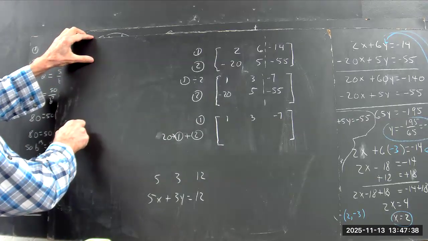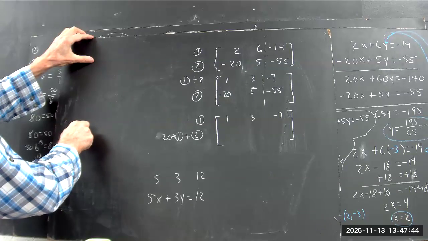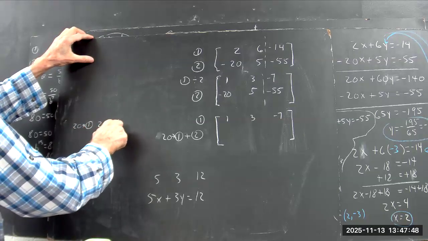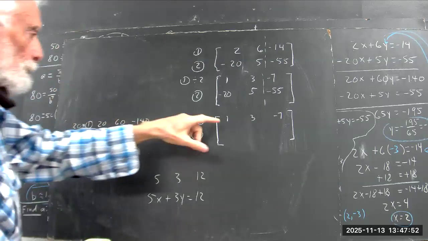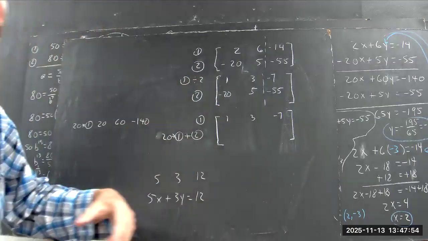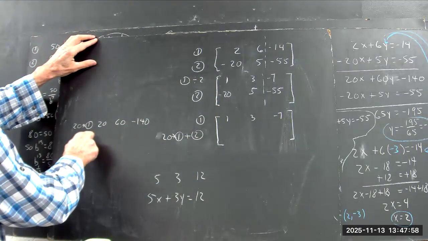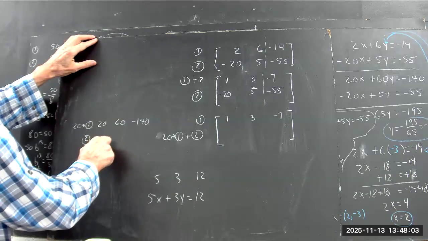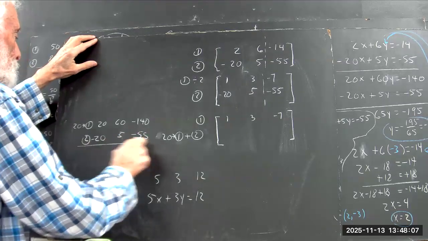Okay, here's row 1. Well, no. 20 times row 1 would be 20, 60, negative 140. Because I multiply these numbers by 20, and that's what I'm going to get. Row 2 is 20, negative 20, 5, negative 55.